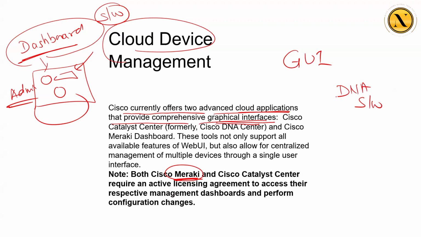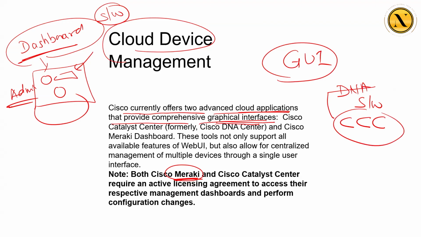Again, it's software, but the new name for it is Cisco Catalyst Center, right? All GUI. So we can do provisioning, troubleshooting, everything, sitting at one place, for all our branches and all devices. We can configure, monitor, troubleshoot, provision, everything, with the help of Cisco Catalyst Center and Meraki.